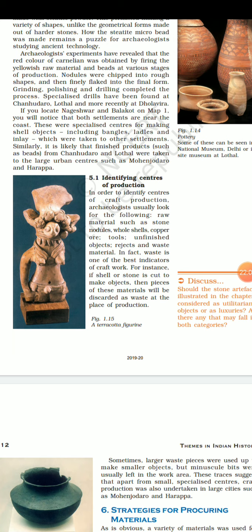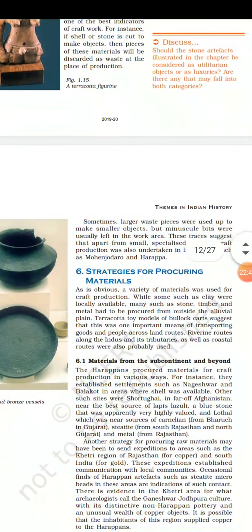I mean, if we take a bigger shell or raw material, we cut it into two parts, and we use one, and the other is useless, then we throw it somewhere else, and slowly we may see a huge collection of waste material. Then when after a long period of time that place was excavated, it was very easily understandable that this place was a great place of production.